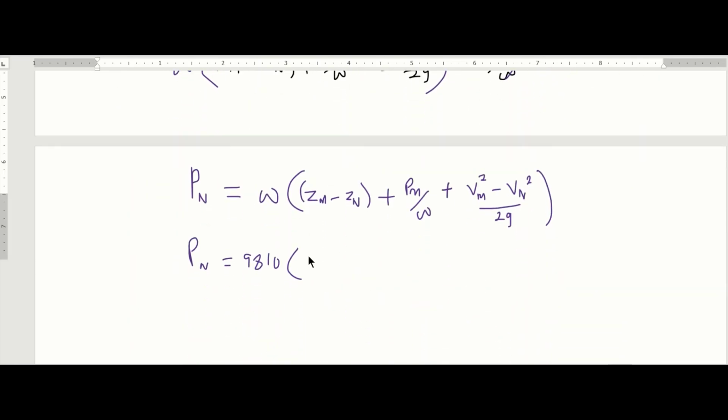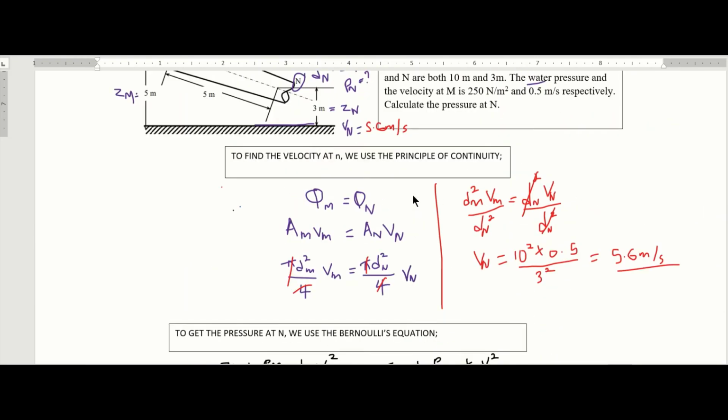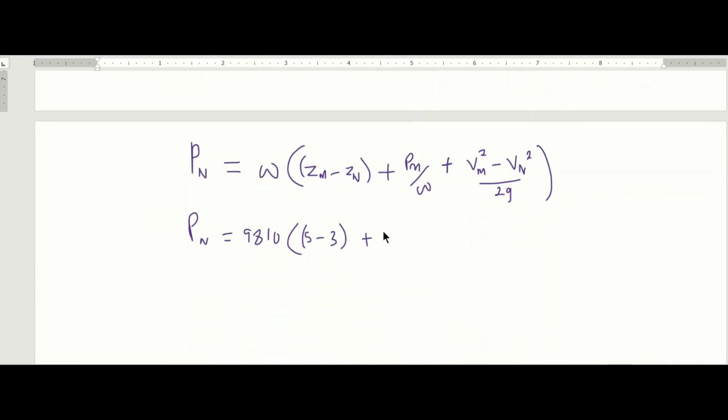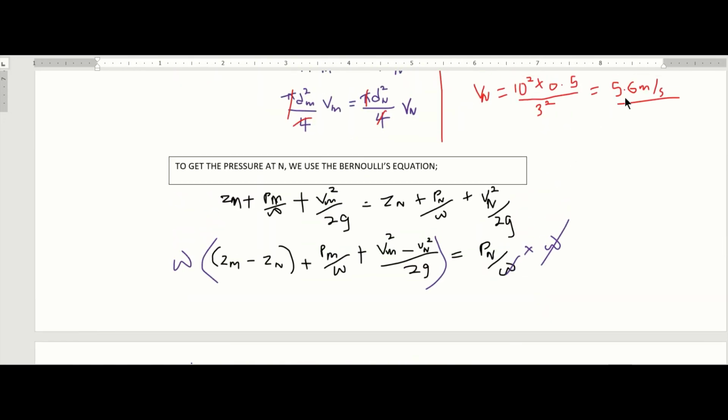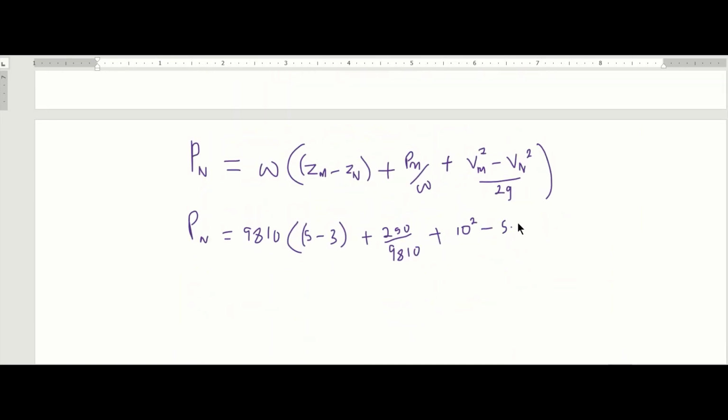So 5 minus 3, plus the pressure at M is given as 250, divided by the weight of water, which is 9810, plus velocity at M is given as 10, that's 10 squared, minus velocity at N is given as 5.6, squared, divided by 2 times g, which is 9.81, bracket close.